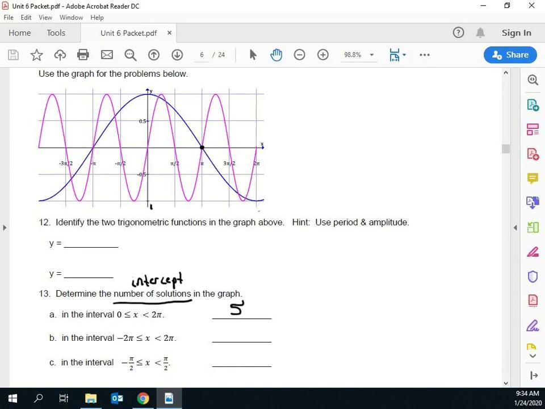Next interval, negative 2 pi to pi. So it's the whole entire graph, isn't it? So then we go back again. Where do they intersect? 1, 2, 3, 4, 5, 6, 7, 8.